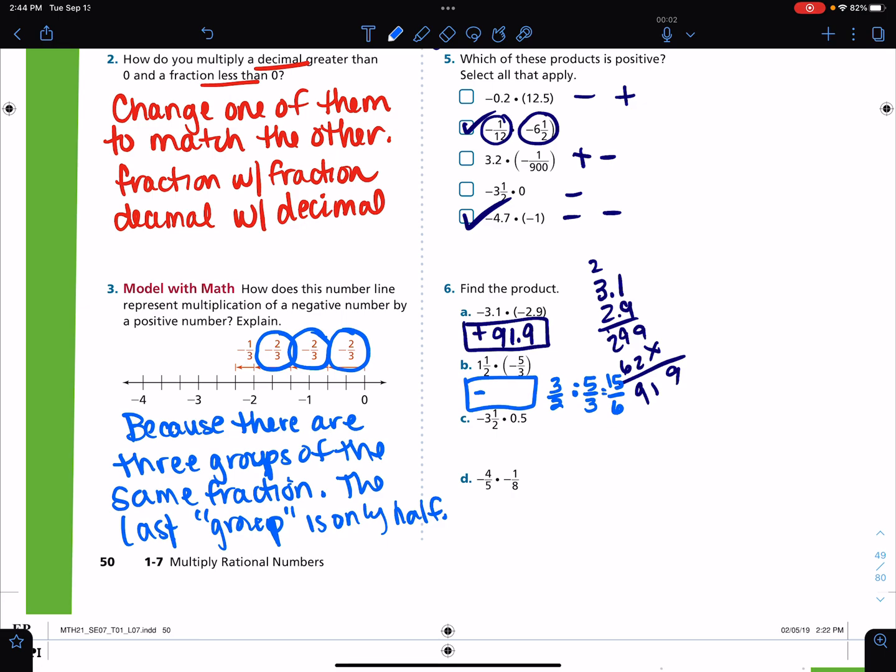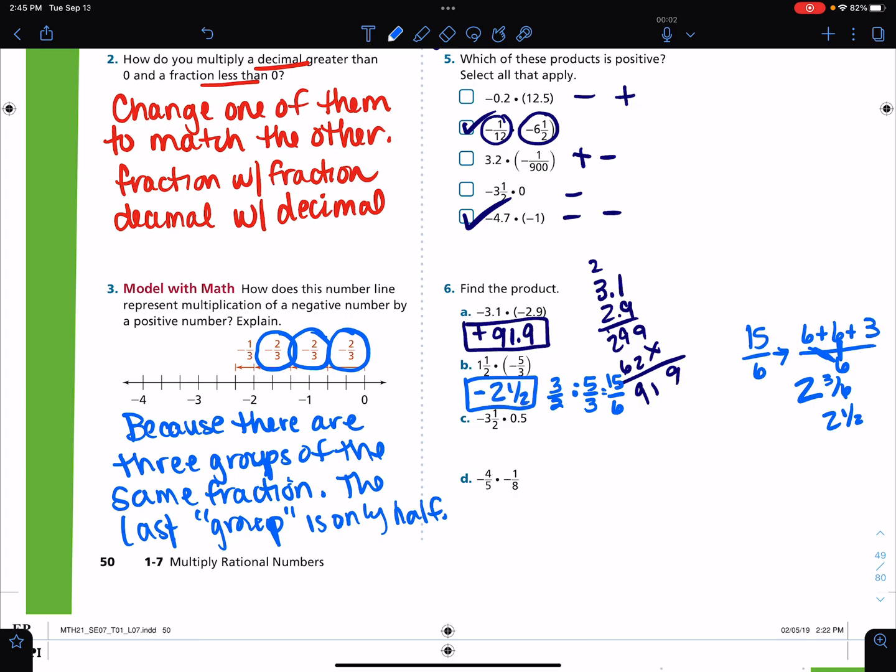Okay, 15 over 6 reduced: 6 plus 6 is 12, and 3. So this makes a 1, that makes a 1, so I have 2, and then I have 3 sixths left, so my final answer is negative 2 1/2.